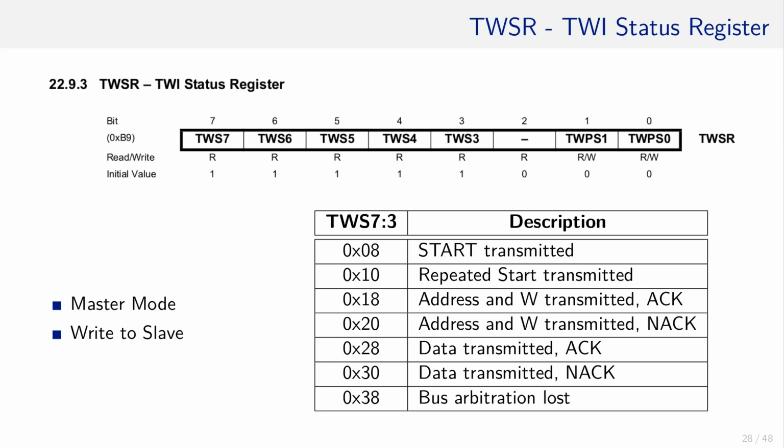Okay, if the start condition has been transmitted successfully, the status bits will carry the value 8 in hexadecimal format. As a software developer, you have to wait for the status to be 8 before continuing with the slave address and the direction bit. If the address has been transmitted together with the direction bit, here a W, as we want to write to the slave, the value is based on if the master received an acknowledgement or a non-acknowledgement, and it is up to the software to react to it.